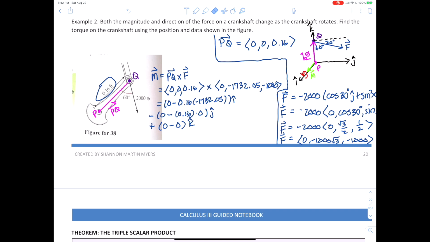Okay, so that's going to give us, let's see, 0.16 times the other one is.